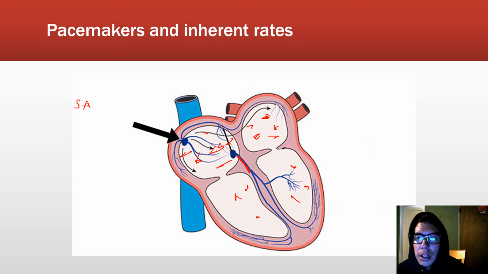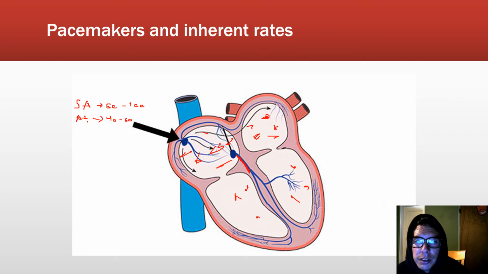So the SA node is 60 to 100 beats per minute. And that makes sense because a normal heart rate for an adult is 60 to 100. And that's because the SA node is normally our pacemaker. If that fails, I'm just going to abbreviate this because I'm not going to write the whole thing out. The atria take over, and they have an inherent rate of 40 to 60 beats per minute.